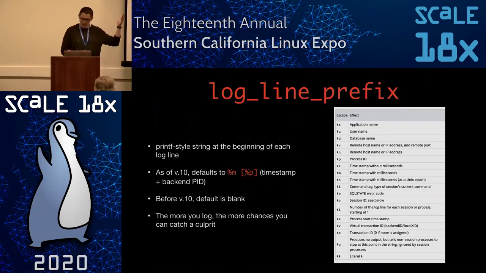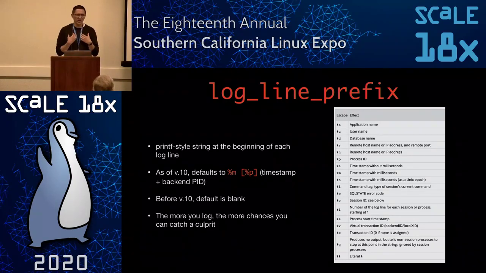You can use any of these to put in front of your line, and that'll help you with sorting and figuring out where your problematic queries came from. The more you log, the more chances you have to actually catch the culprit. There are some of them I don't find very useful, but I think about half of these are ones that I recommend using.